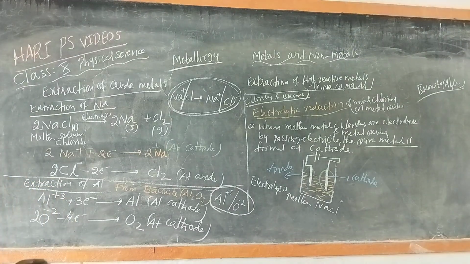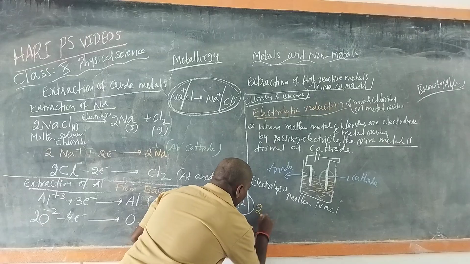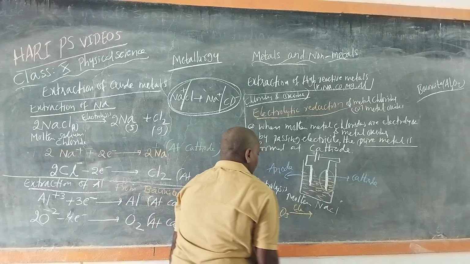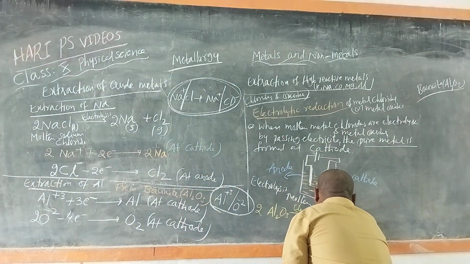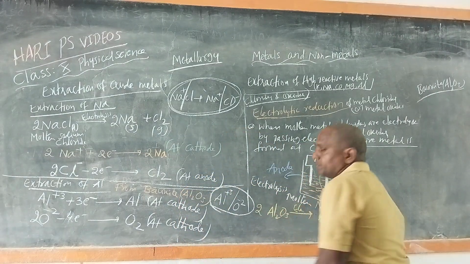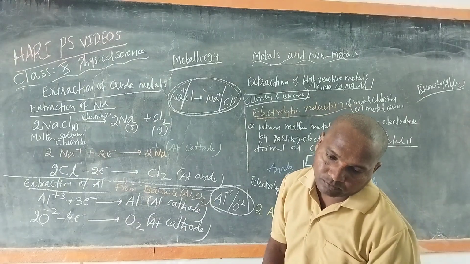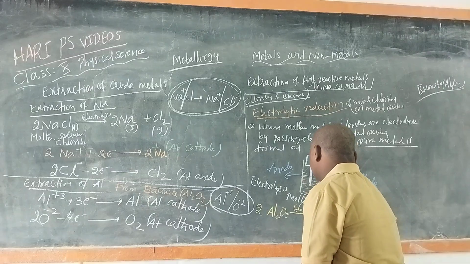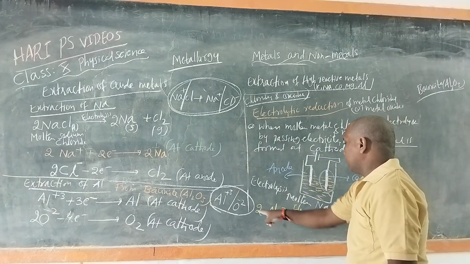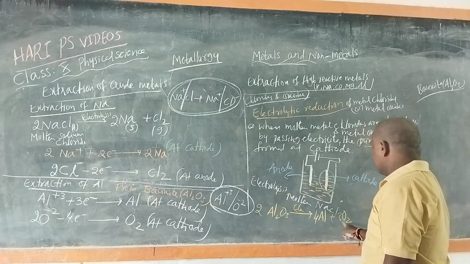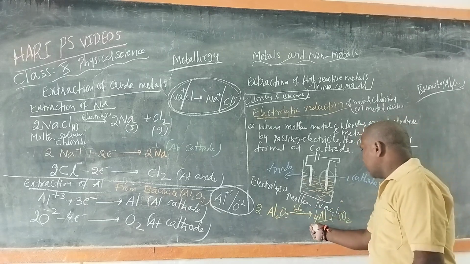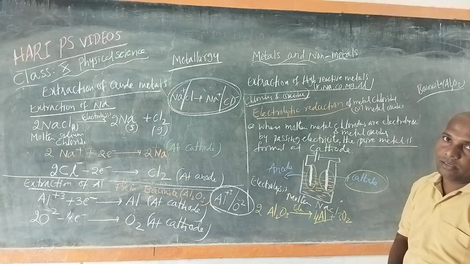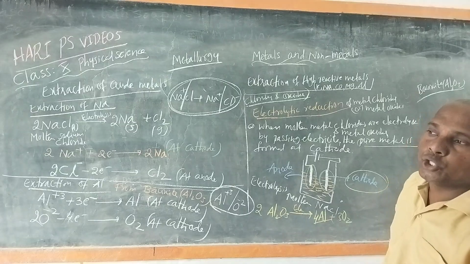The reaction we can write is 2Al2O3, which by the process of electrolysis forms 4Al plus 3O2, that is 6 oxygen atoms. This aluminium is formed at the cathode, and oxygen is formed at the anode.